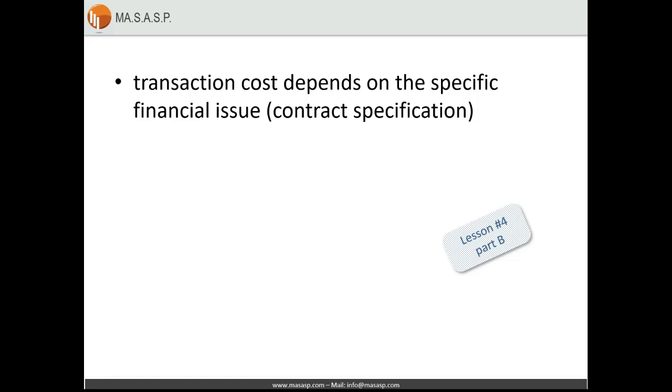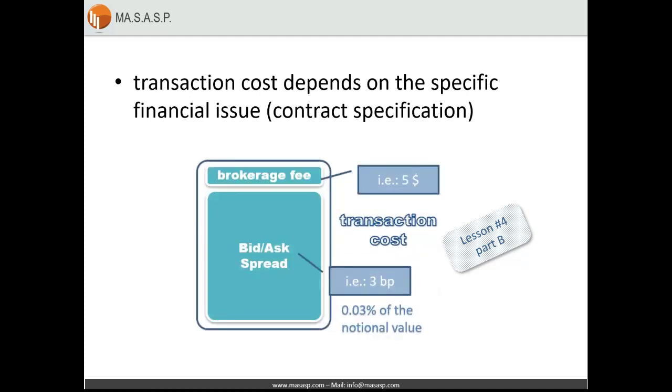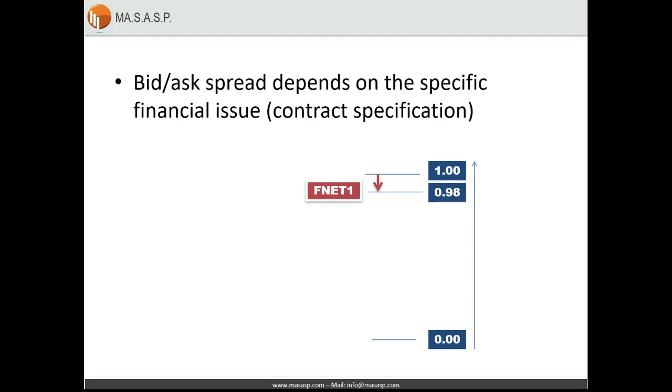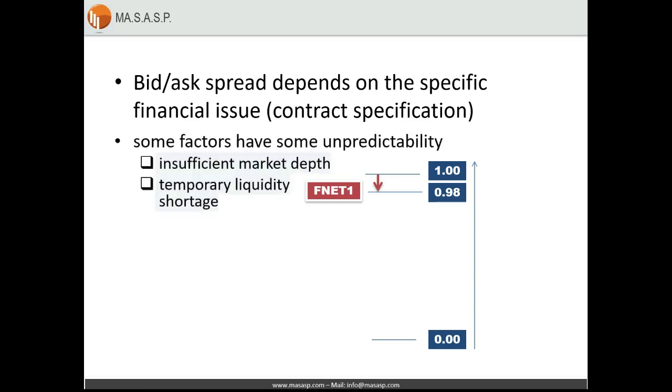Recall from Lesson 4 what the transaction cost consists of. We highlighted the prevalence of the bid-ask spread. Then we are going to focus on that. The bid-ask spread depends on the financial issue involved, but there is a bit of unpredictability related to possible insufficient market depth or temporary liquidity shortage.